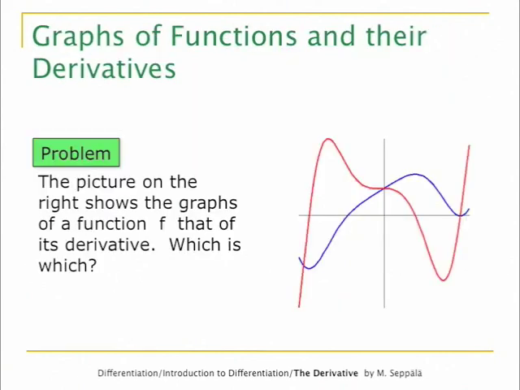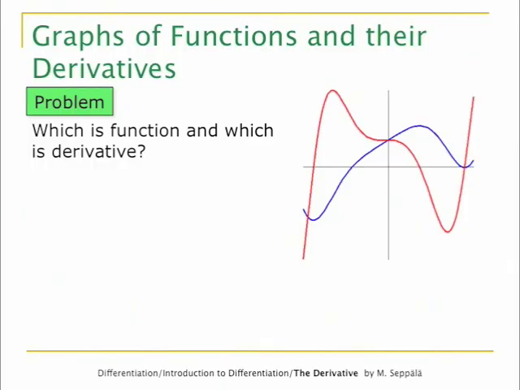In the final problem, two graphs are given, and we know that one of these graphs is the graph of a function and that the other one is the graph of its derivative. We have to decide which is which. Is the blue curve the function and the red curve its derivative, or vice versa?